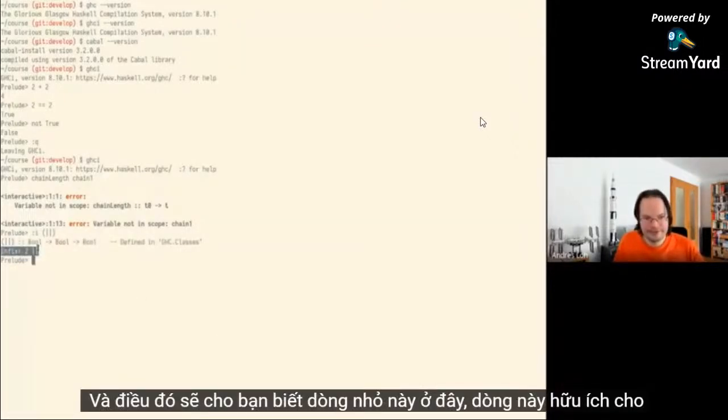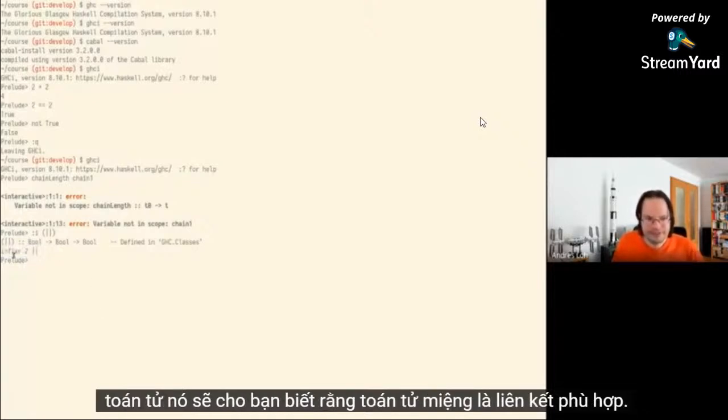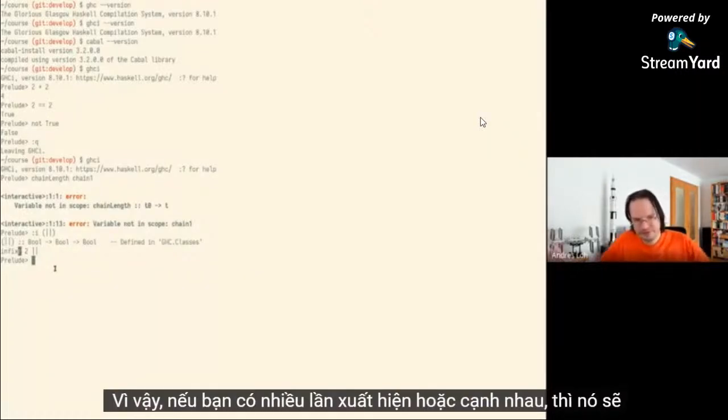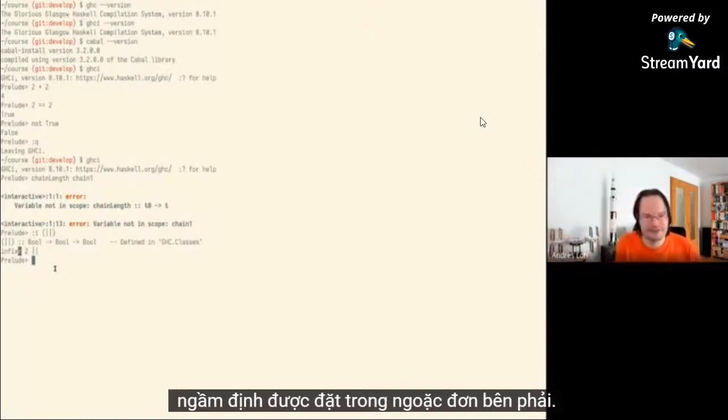And it will tell you this little line here, which is the useful one for operators. It'll tell you that the OR operator is right associative. So if you have multiple occurrences of OR next to each other, then it will implicitly be parenthesized to the right. This is what this little r here means.